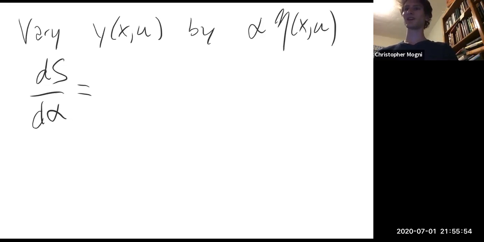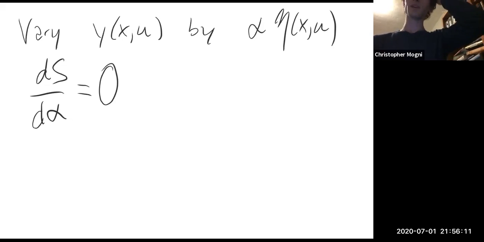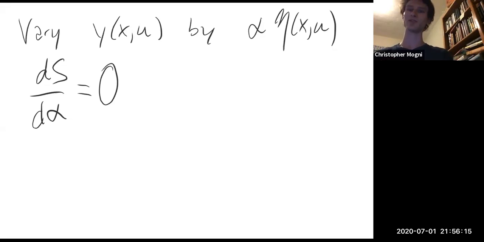And doing that basically is saying if we take an arbitrary function eta and we control the presence of that function by alpha, so if we took alpha goes to 0, basically vanishes, we really want any derivatives of S with respect to alpha to be equal to 0, meaning that y was truly the extreme value to plug in, to extremize S.